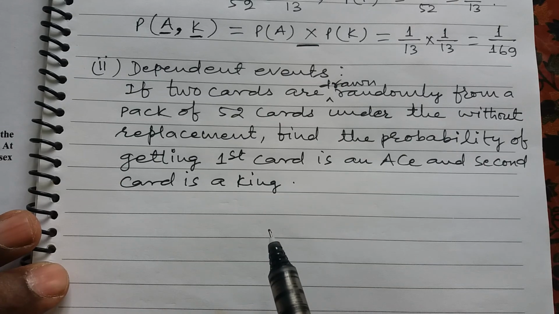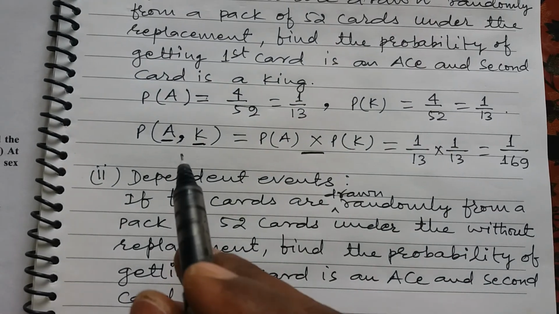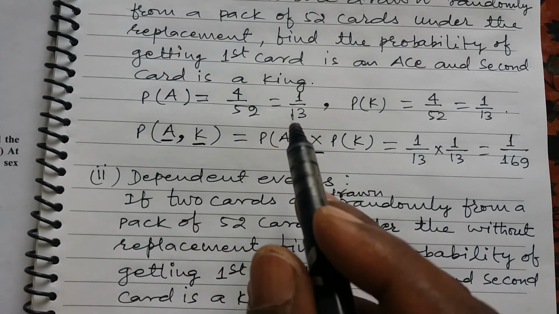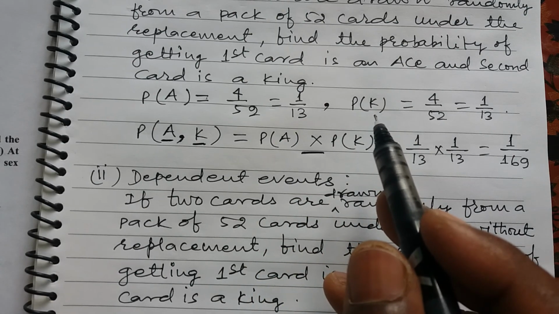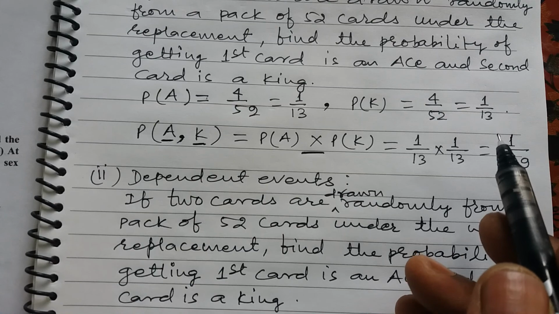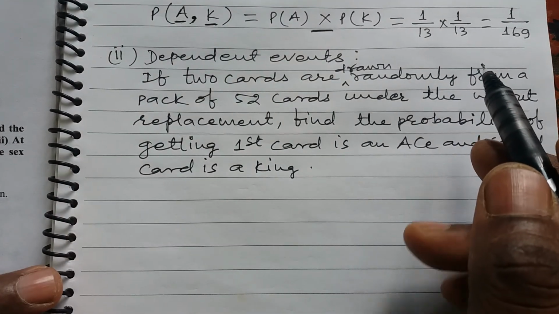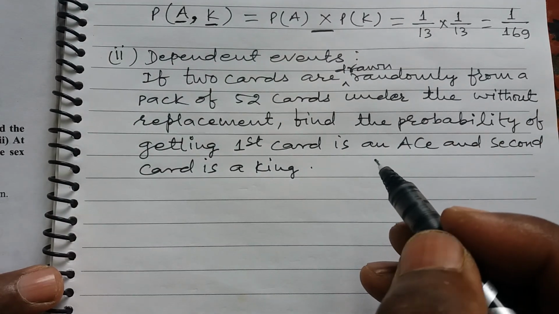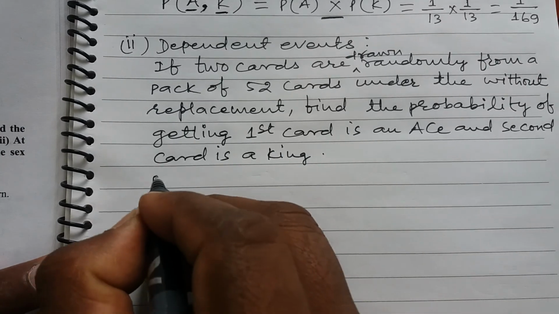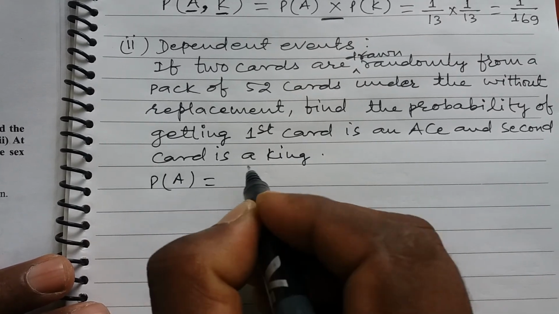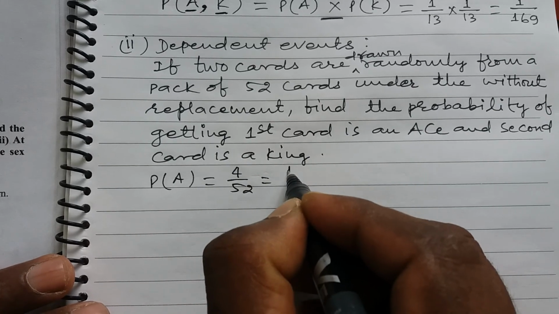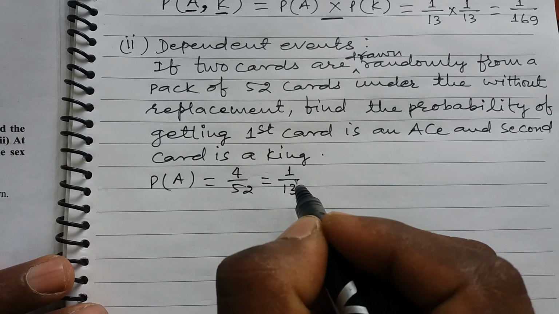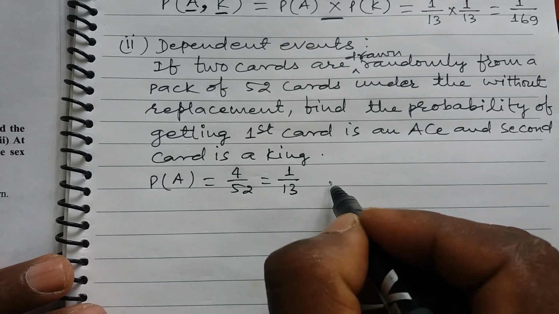Student, what is the probability? What you have got here? Probability of ace card 1 by 13. What is probability of getting a king card in the second time? 1 by 13. But see here, what is the probability of ace in the first time and a king in the second time? Probability of ace is equal to 4 by 52 is equal to 1 by 13, because altogether there are 52 cards.